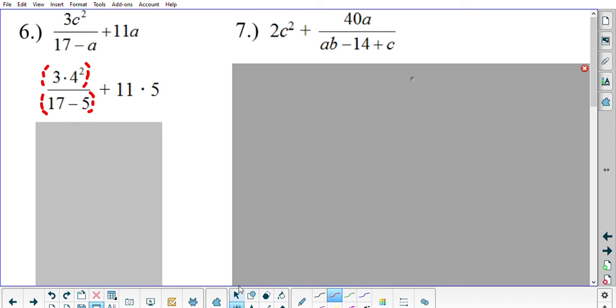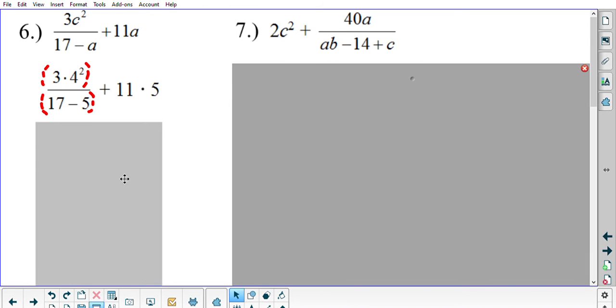And so what I'm really trying to tell you then is whenever you have a math problem in a numerator of a fraction or a math problem in the denominator of the fraction, here we have it in both, you must do the numerator and the denominator's math problems first, just like they were in parentheses. Now, is the 11 times 5 in parentheses? No. But the 3 times 4 to the second is technically considered to be in parentheses, and the 17 minus 5 is technically considered to be in parentheses.